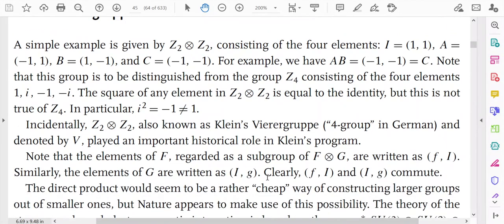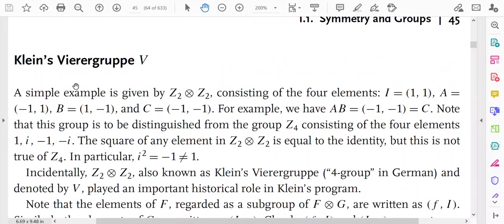Now I will discuss a particular group which is known as Klein's Vier group V, and this particular group is formed by the multiplication of Z2 × Z2. So, in Z2 × Z2, the × means the direct product.